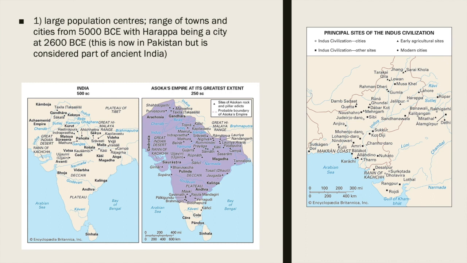It's also complicated to talk about ancient India because ancient India came off the Indus River, which you can see here in the map, and in the detailed map you can see all the different cities of the Indus civilization. Now a lot of this is actually in modern day Pakistan.